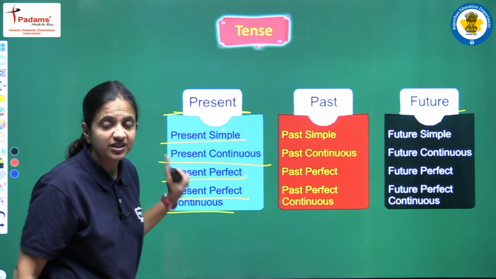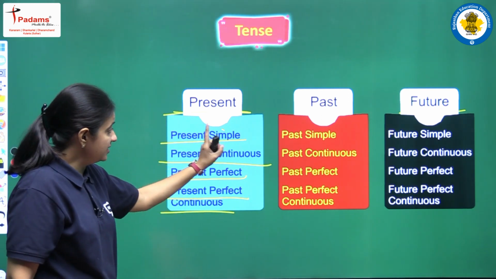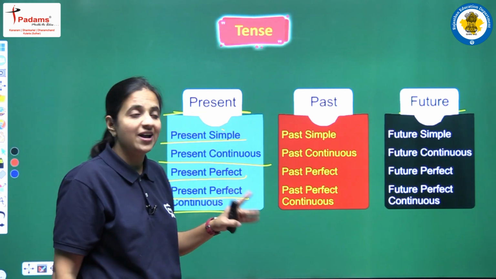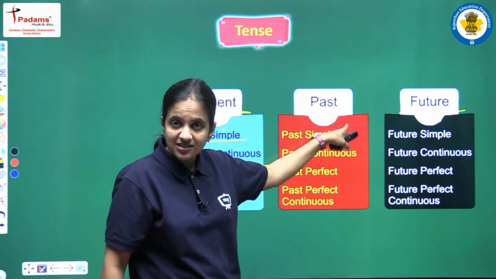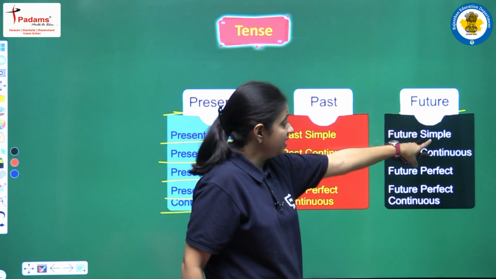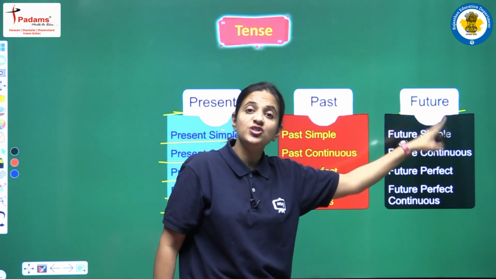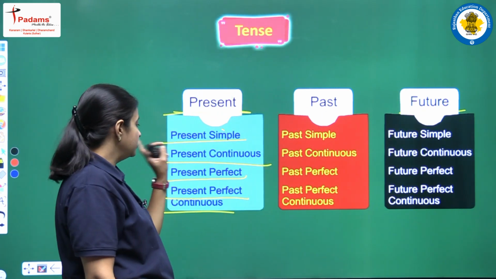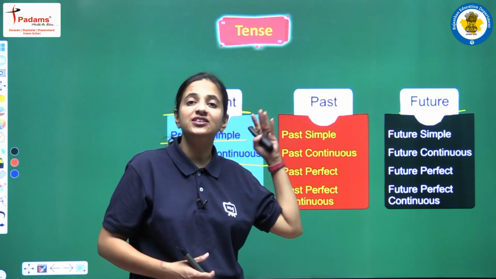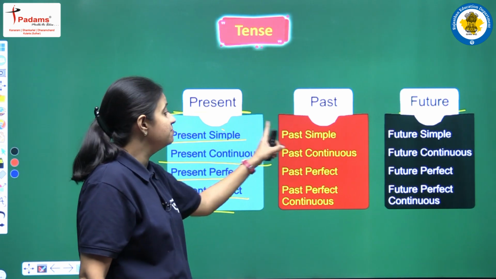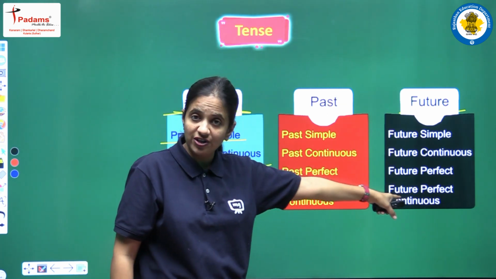The names of the tenses are the same. Suppose we have simple tense: the same tense we have in present simple, the same in past time, that is past simple, and the same in future, that is future simple, right? The second tense is continuous, and we have the same continuous tense in all three times: present continuous, past continuous and future continuous.